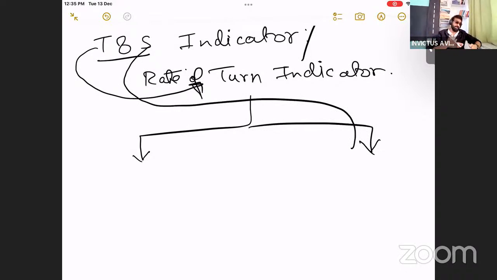When I say turn and bank indicator, then it will only show me the turn and rate of turn, not the slip. When I say turn and slip indicator, then I see the rate of turn as well as the slip. So what I need is turn and slip both, bank and slip both, rate of turn and slip both, to have a balanced turn.